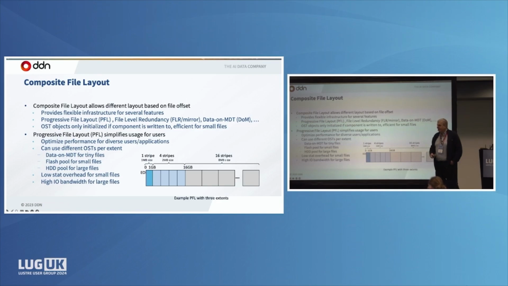James, over there. They really use progressive file layout to take the mysterious nature of what stripe characteristics we want to apply away from the users. But the users can override it if they wish. So this is the default mechanism. This really is an important part of Lustre.